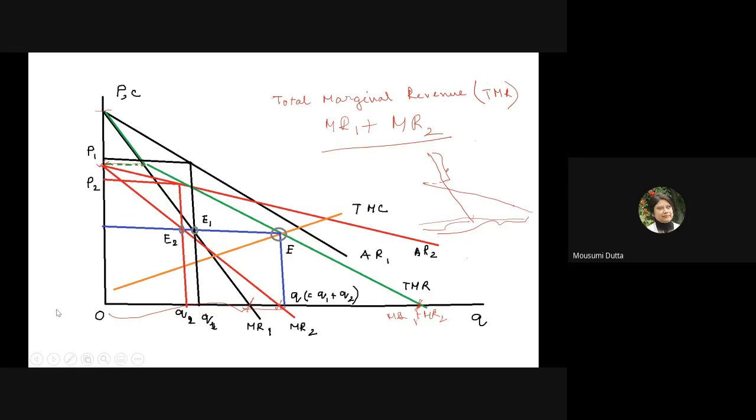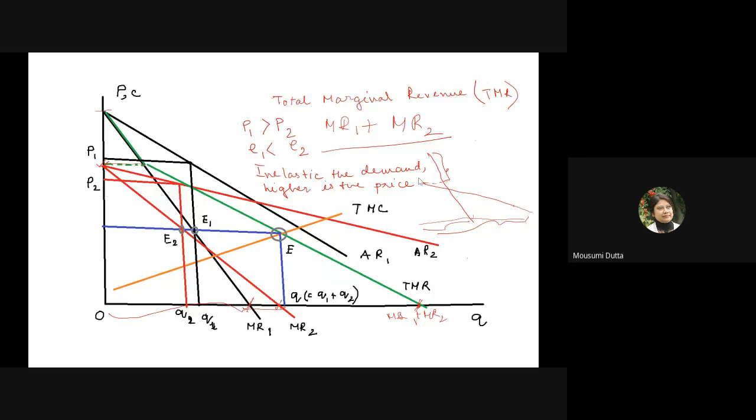So what we are finding, okay, is that the more inelastic the demand, the higher will be the price charged by the monopolist.